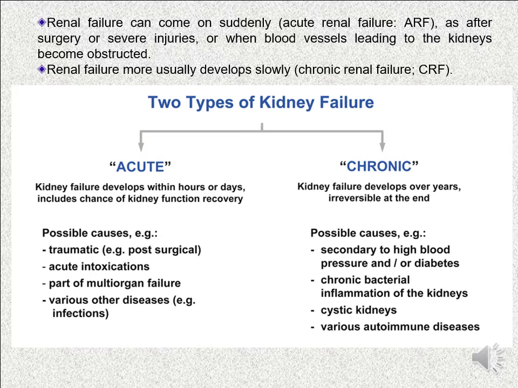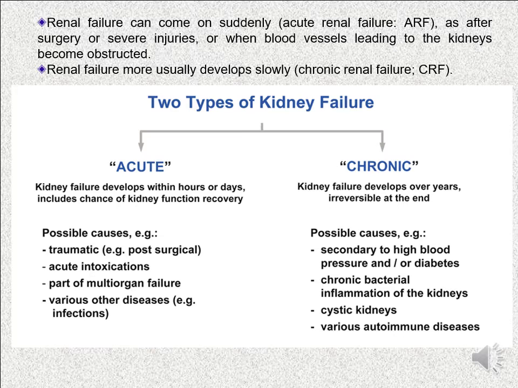Renal failure can come on suddenly, acute renal failure, as after surgery or severe injury, or when blood vessels leading to the kidney become obstructed. Or renal failure more usually develops slowly, like chronic renal failure. The two types are acute and chronic. Acute kidney failure develops within hours or days and includes a chance of kidney function recovery.